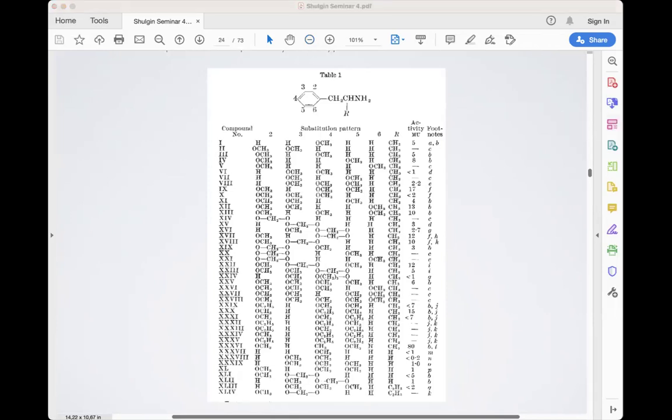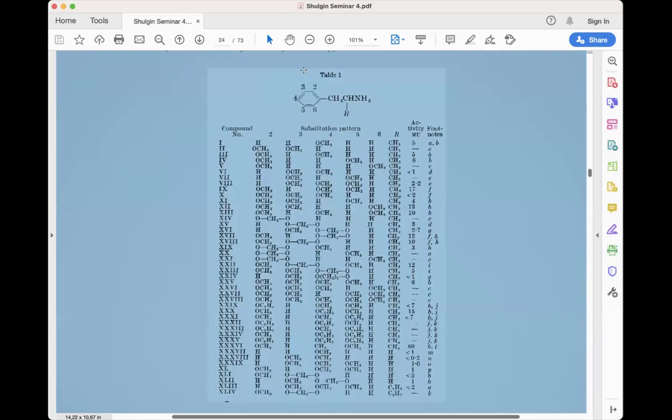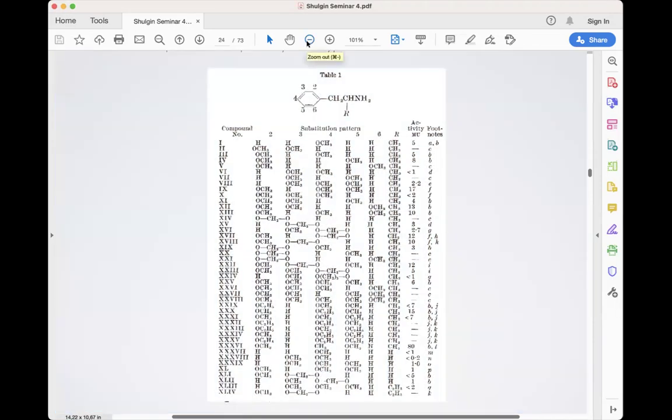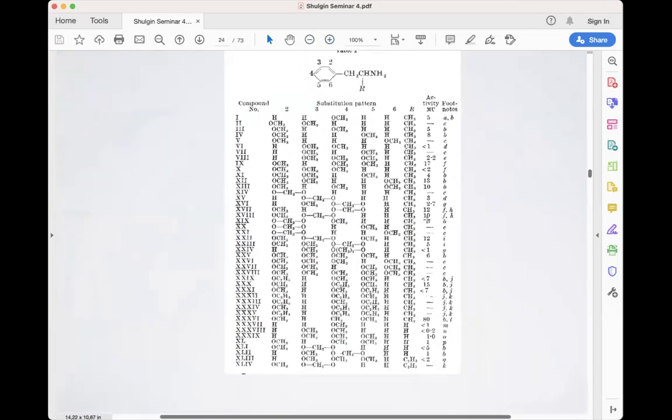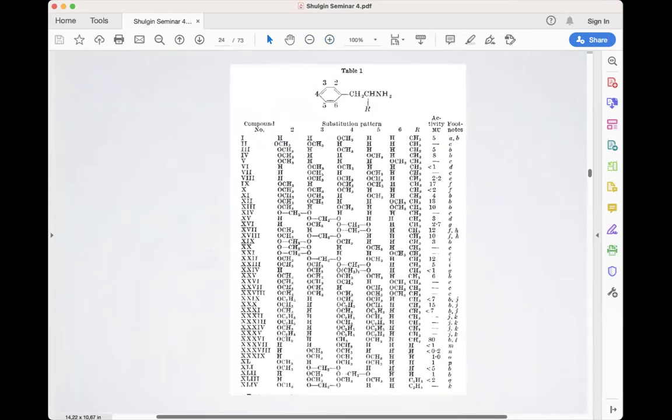Activity in comparison with mescaline. So this is not really a qualitative, it's a quantitative relation, yes. How many times more potent a certain compound is, right?